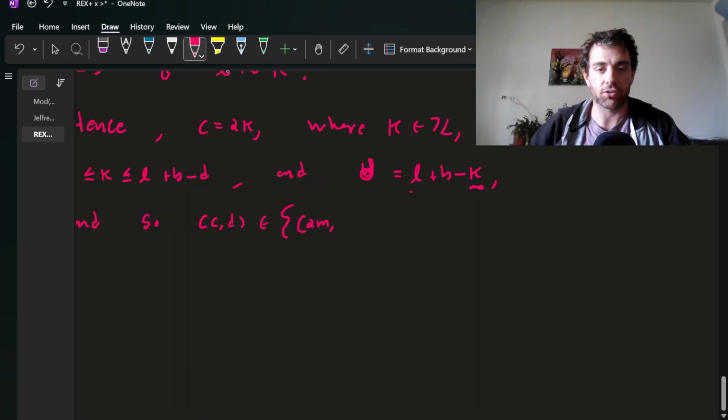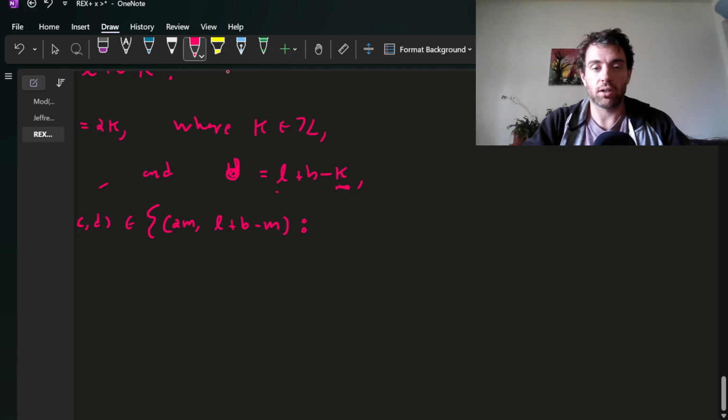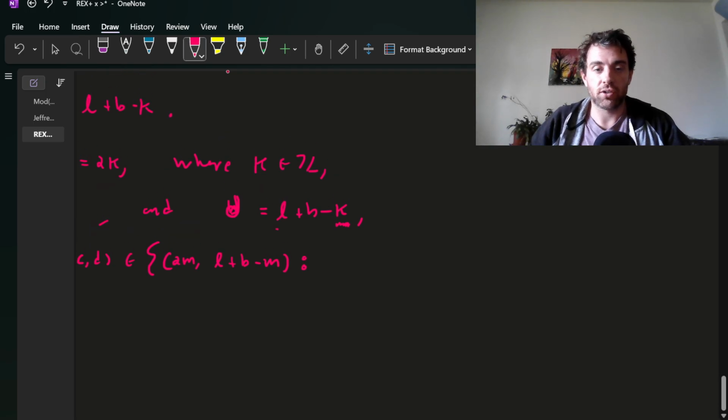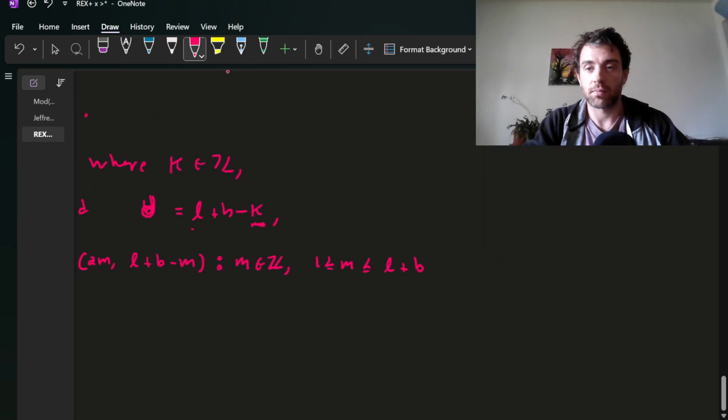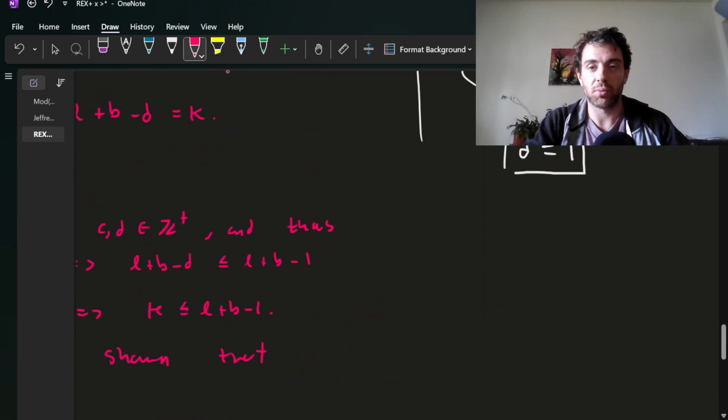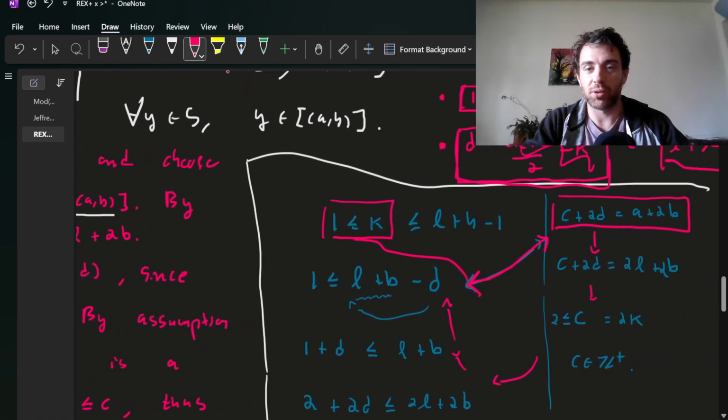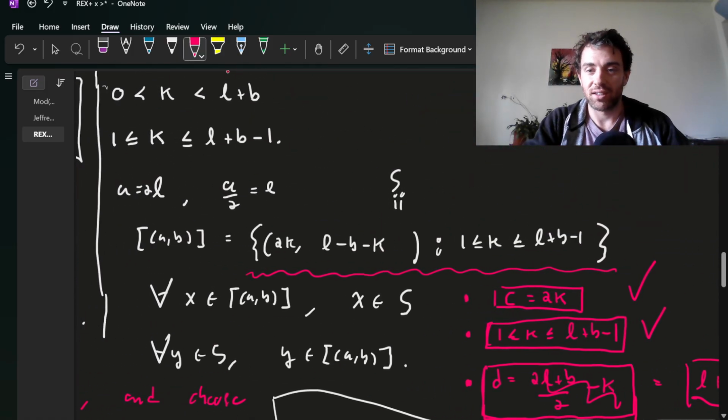So maybe I'll write it as the set of all 2m, L plus B minus m, such that m is an integer where m is between 1 and L plus B minus 1.